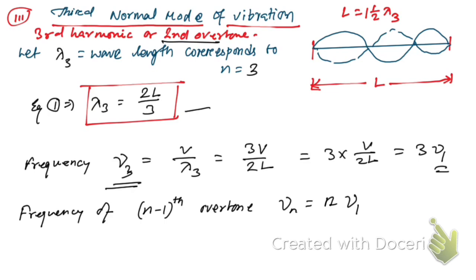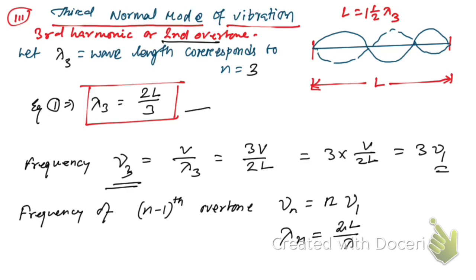Similarly, nu n will be equal to n times nu 1, and wavelength lambda n will be equal to 2L by n from equation number 1. That's what we're going to have.